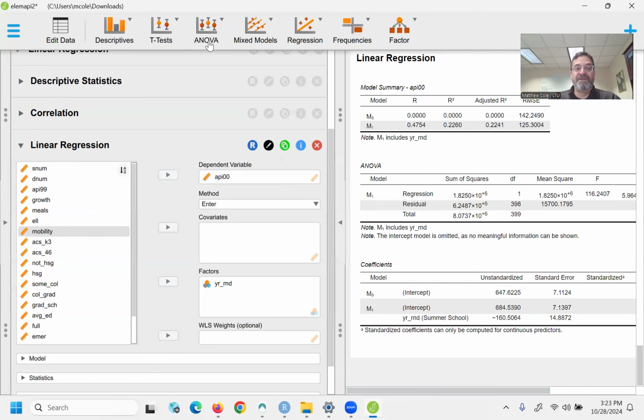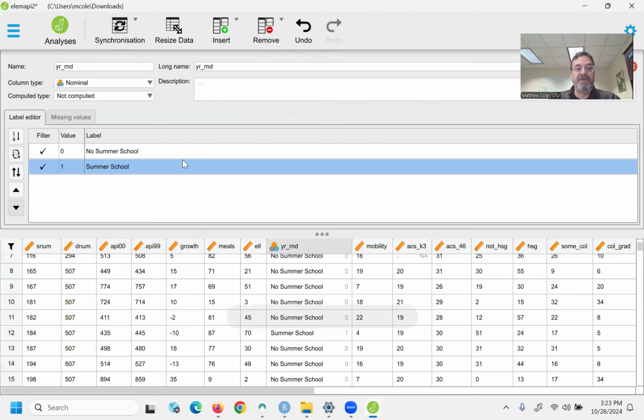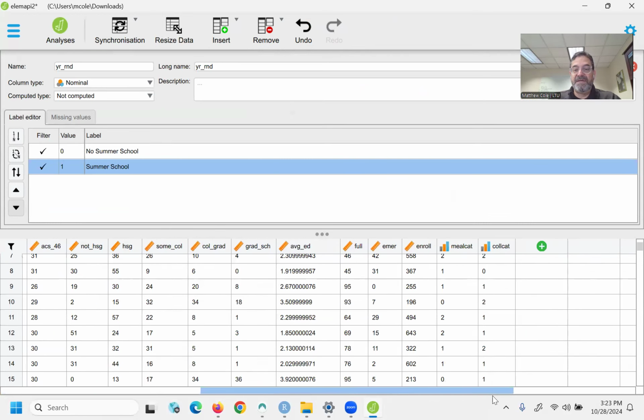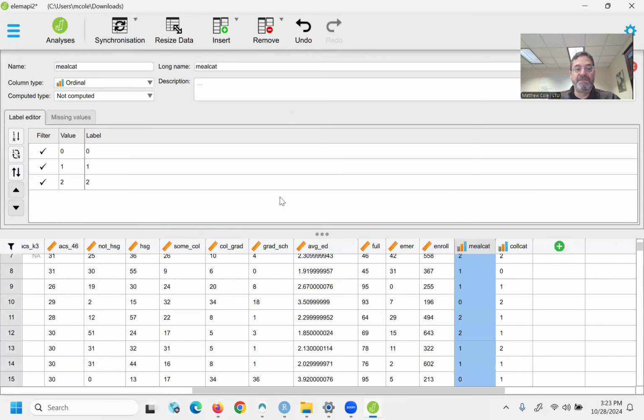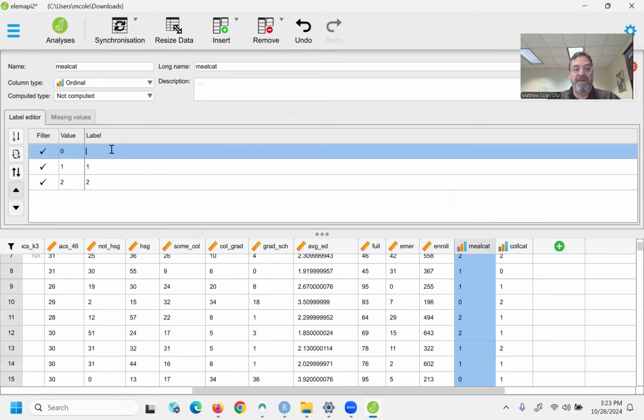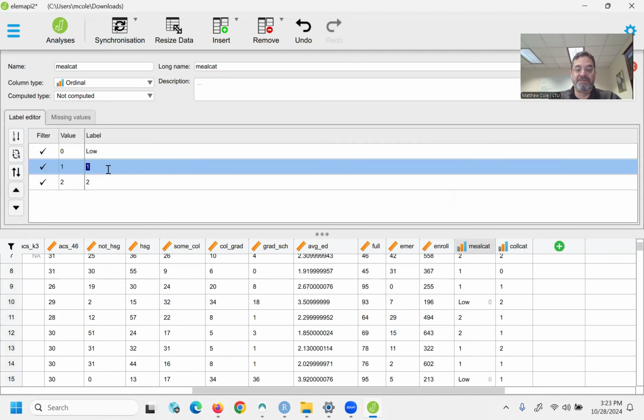Okay. In fact, if we did the same thing, let's come back here to mealcat. What do we really mean? Well, if it was 0, that means low, right? Low percent of free meals. We can just do low, medium, and high percentage of free meals, right?